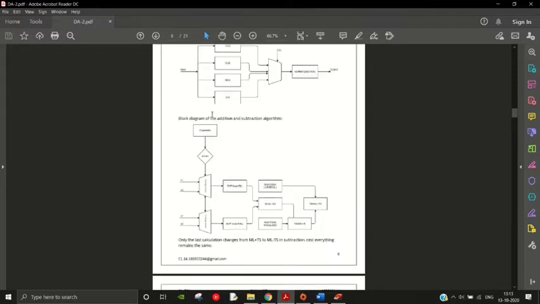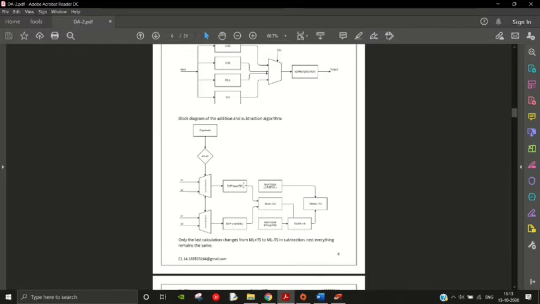So this is the block diagram of the addition and subtraction algorithm. So here we have the exponents. Here we check whether E1 is greater or E2 is greater. Then that signal is sent to the two input multiplexers that we see here, where E1 and E2 are given as the inputs. 2x1 multiplexers are there.